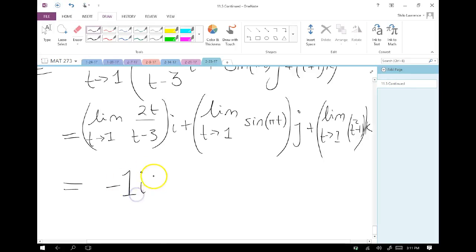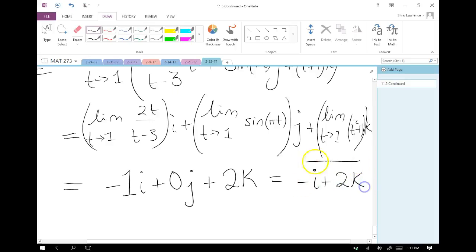Negative 1i plus 0j. I'll clean it up in a minute. If we plug 1 into t squared plus 1, we get 2k. So if we clean this up a little bit, we got negative i plus 2k. That's our limit.